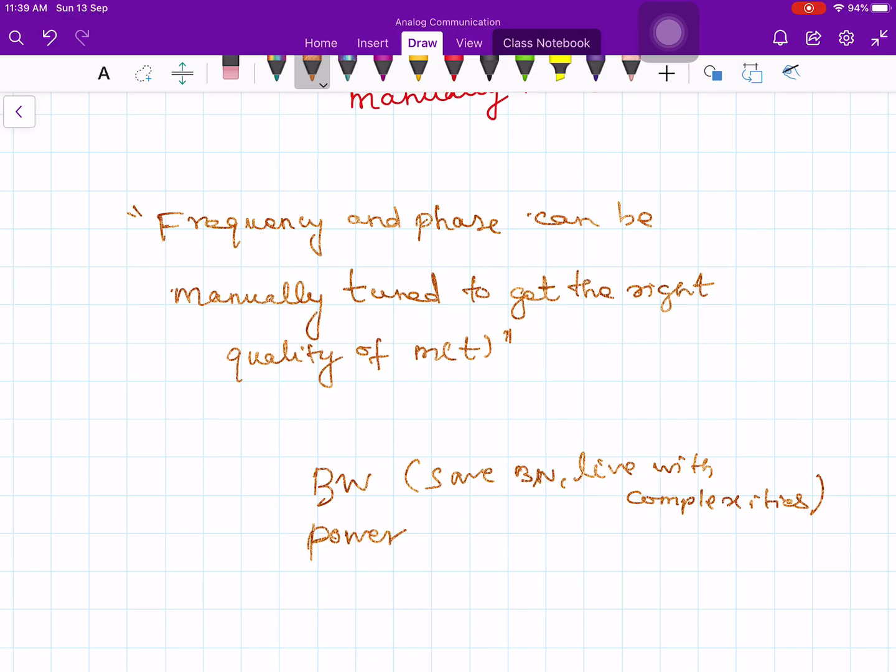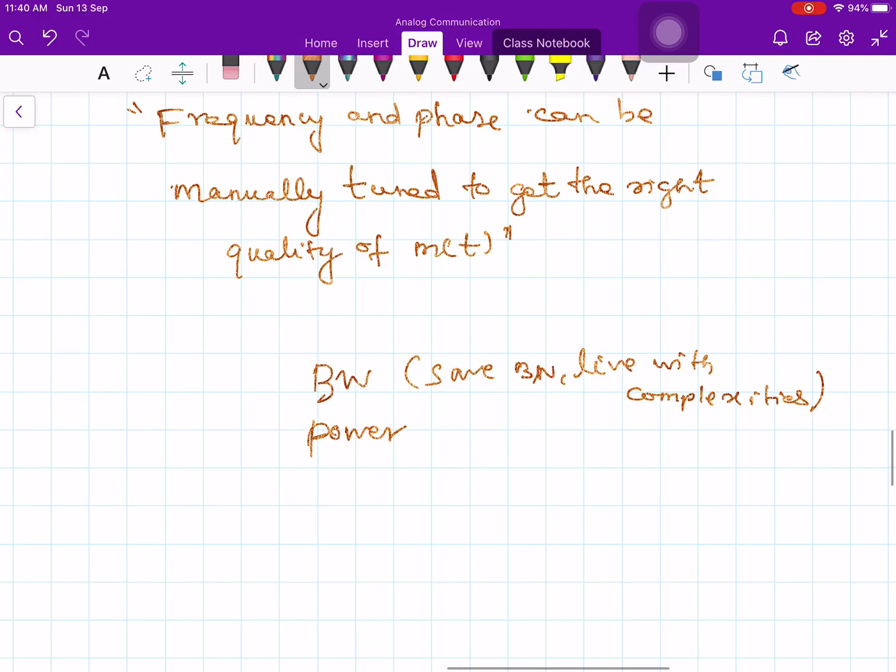Okay, as I said, there are no two different ways of saving the bandwidth. They are equivalent ways depending on the application. You can choose one over the other. If you recall from the previous lecture, we said quadrature amplitude modulation, or quadrature multiplexing.